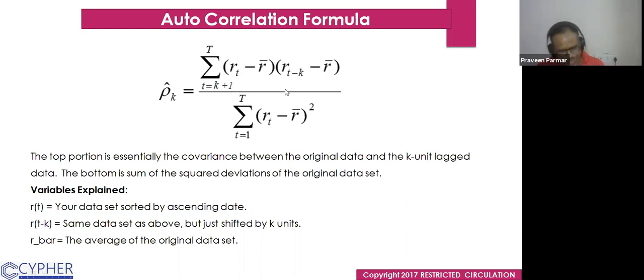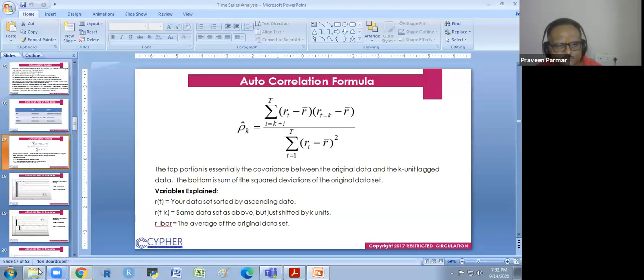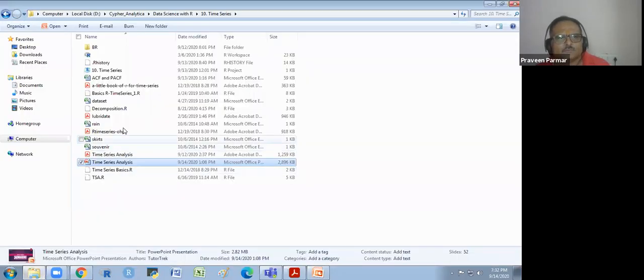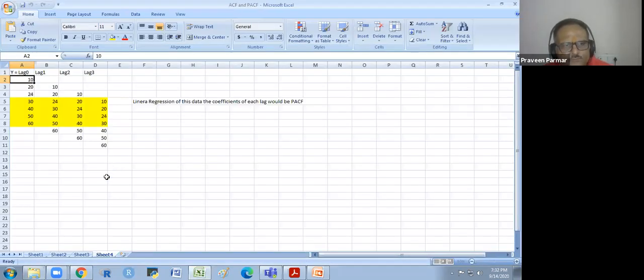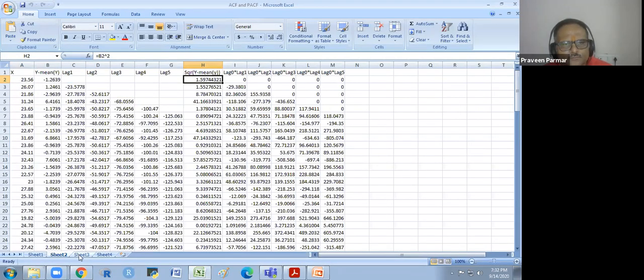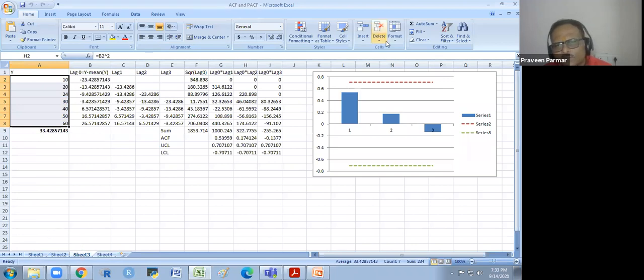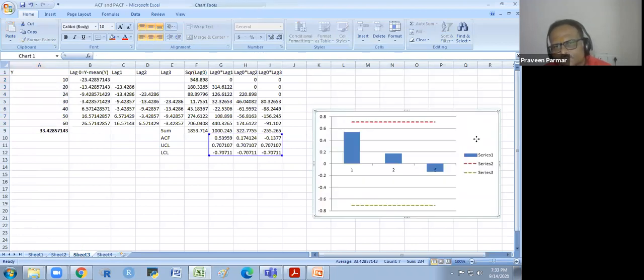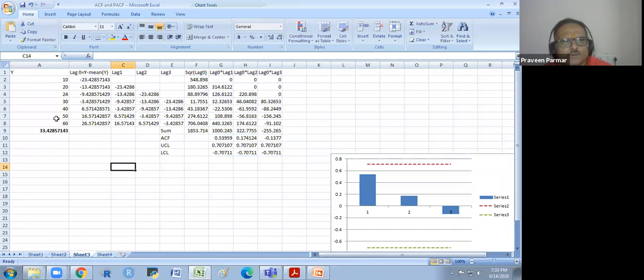So this is the formula for our autocorrelation, and I will show you the practical for this. Look here. We have this y.